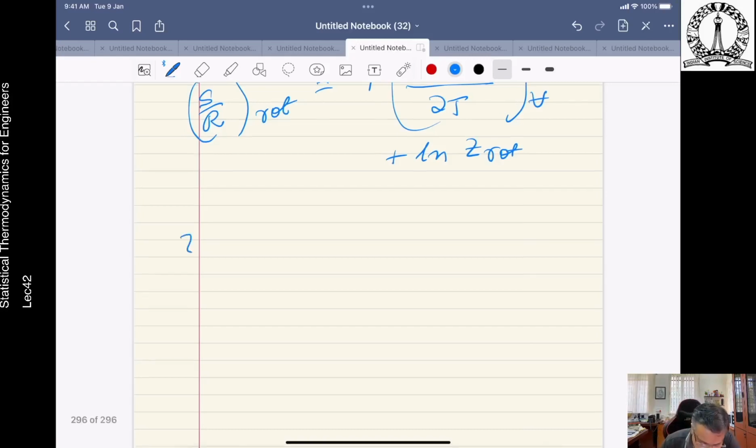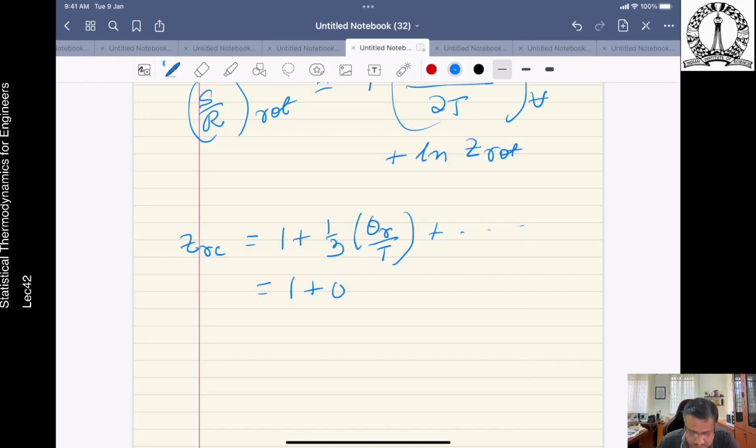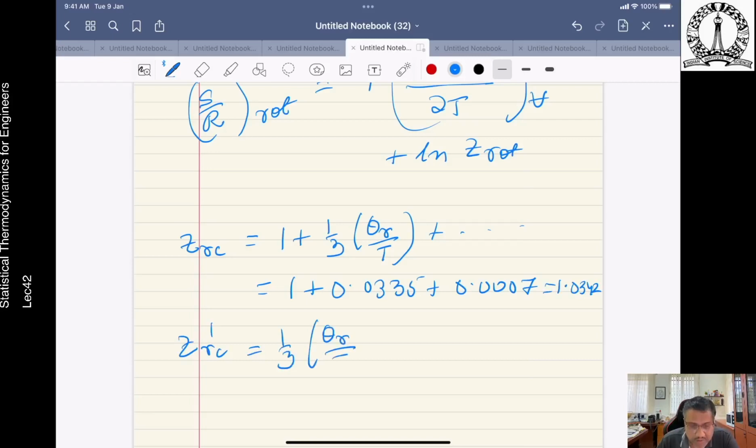So the correction term, for example, ZRC will be 1 plus 1/3 theta r by T, and so on. So it is like 1 plus 0.0335 plus 0.0007. The first two terms are sufficient because the series drops off quickly. Okay, so ZRC prime is 1/3 theta r by T plus 2 by 15 theta r by T squared, and so on.